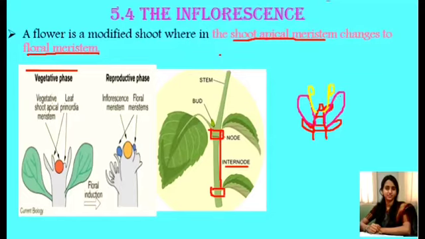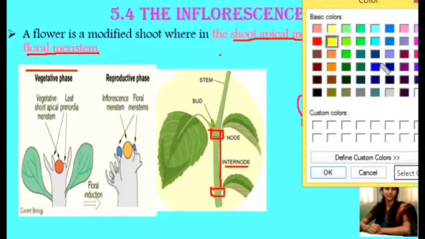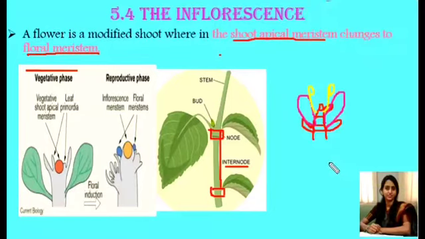And the last one develops into the female reproductive part, that is the gynoecium, or carpel. The formation of these structures takes place, hence the shoot tip gets transformed into the floral meristem.